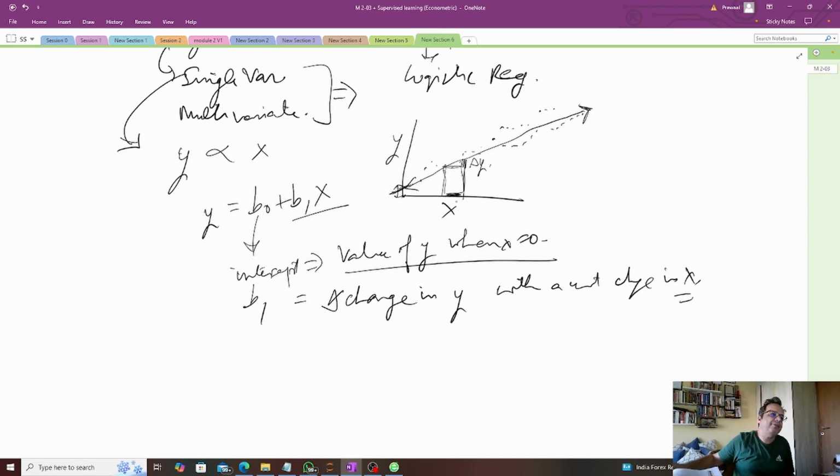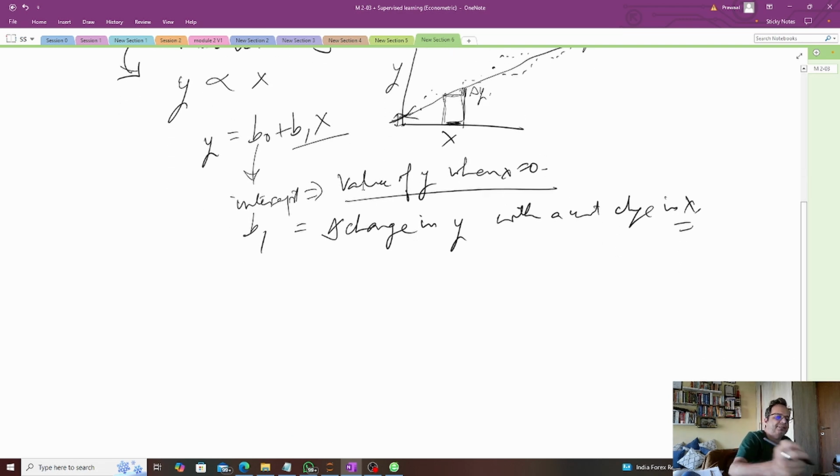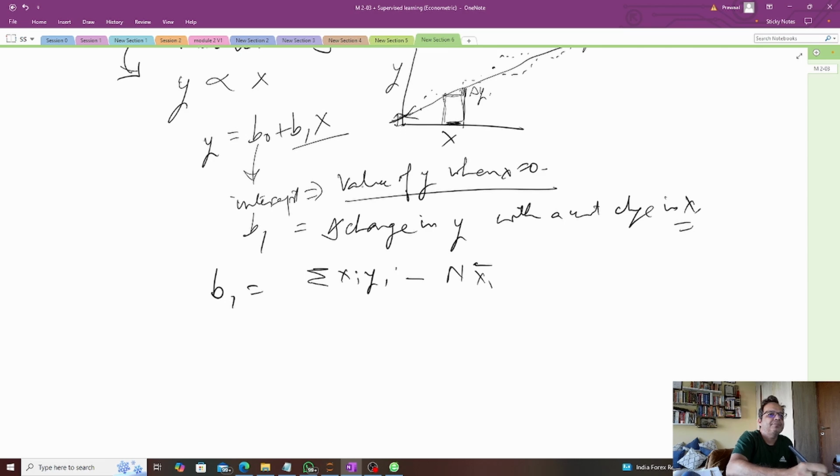And so mathematically, let's suppose you are given a set of x values and a set of y values, and you are supposed to find out beta naught and beta 1. How do you do that? And that's what GARP may ask you to do. So beta 1 mathematically is the sum of x i y i minus n times x bar y bar, divided by sigma x i square minus n times x bar square.